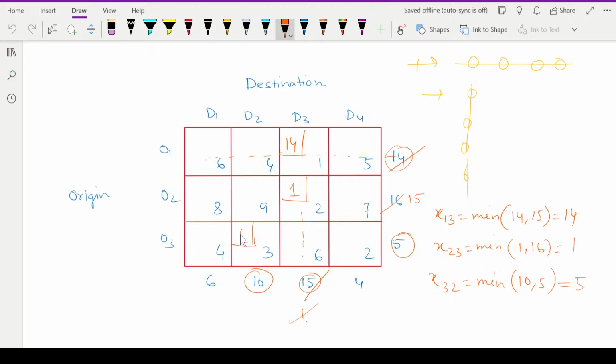Therefore we allocate 5 here, and the remaining demand for destination D2 is 5 units, and the availability from origin O3 is exhausted. Now we find the next minimum element from the remaining elements, which I think are 8, 9 and 7.